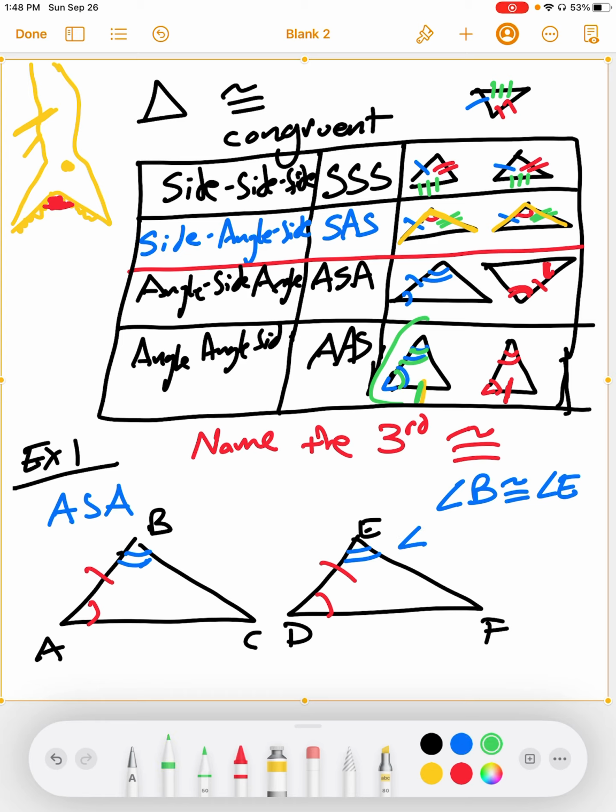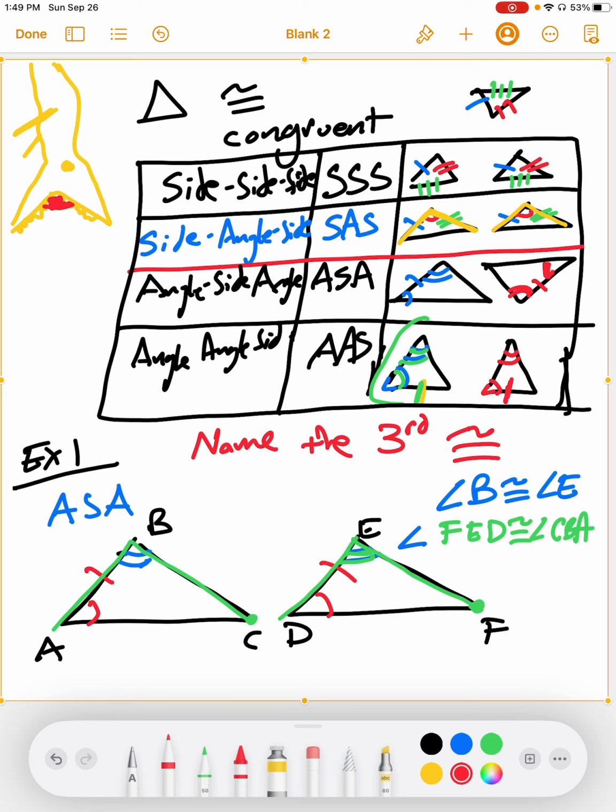So we want this angle, so we got to start away from it, and then go to it, and then away from it. So angle FED would be congruent to CBA. Oops, I gotta write the angle marker.